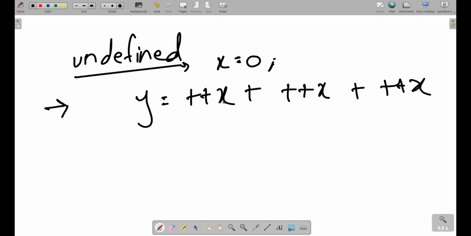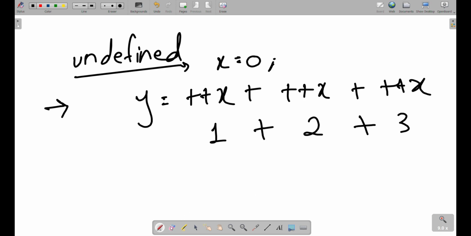When you write ++x, it means that the value gets modified at that instant and x takes that value. So here you can see ++x, then we can consider it as 1, and then ++x, now the value of x is already changed to 1, and you again pre-increment it, then the value of x is modified to 2, and then ++x, again the value is modified to 3.